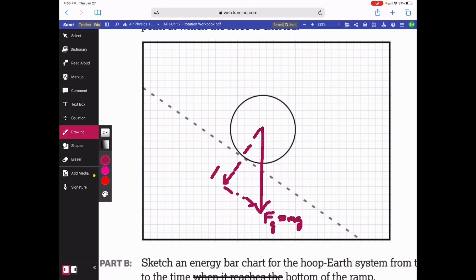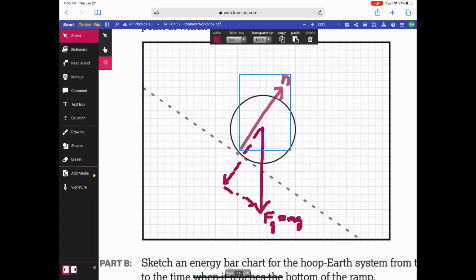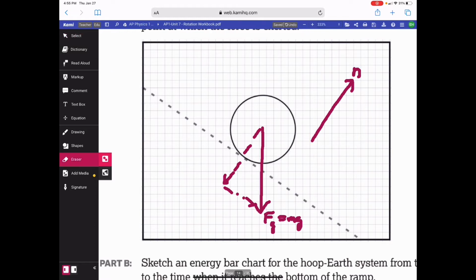What you are going to draw is the normal force. The normal force, that much is going to be balanced. But you're going to move it right there. Okay, so before I do, let me erase some stuff here. Erase the components. There we go.